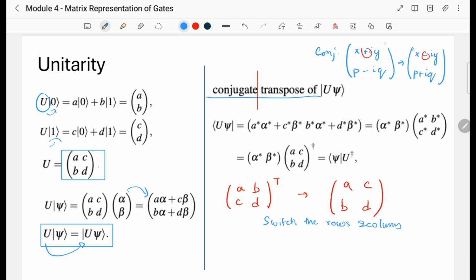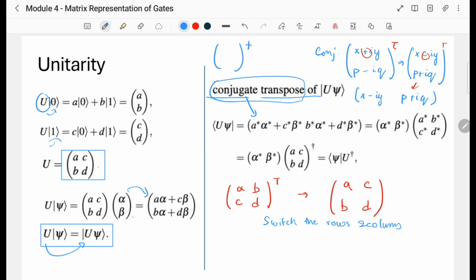And if we want to take the transpose as well, the conjugate transpose, this is a column vector, so we'll get a row vector here, x minus iota y, p plus iota q. When we combine those two things, we get the conjugate transpose, which is represented by a dagger symbol, where the star represents the conjugate.